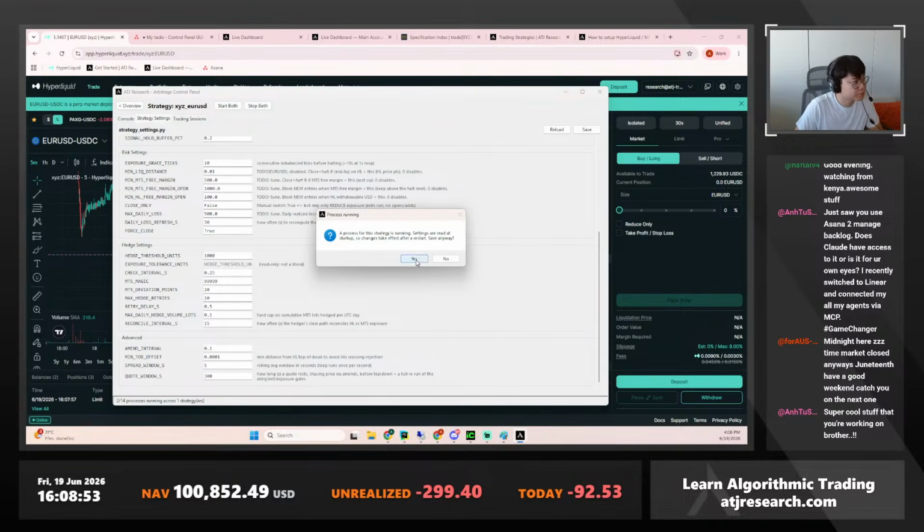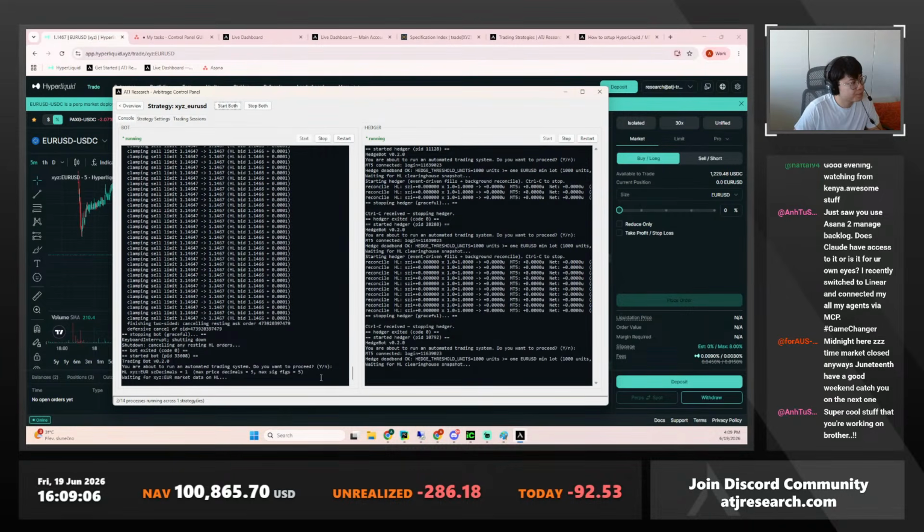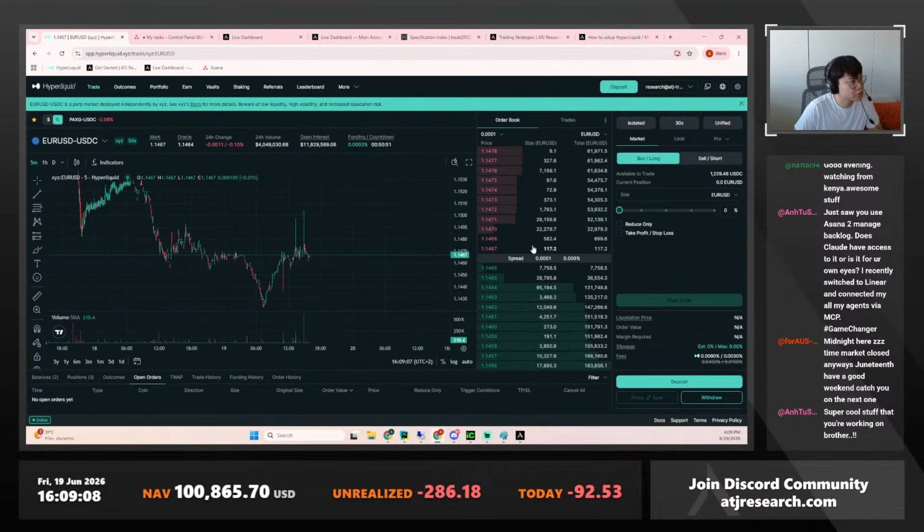Otherwise, it will get canceled. So here again, I will stop both and start both again. So I'm restarting them. And so now with the new setting, I should have higher chances of getting filled at the top of book.